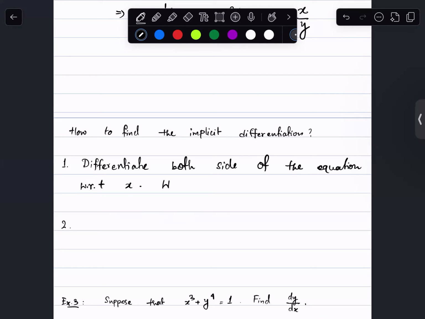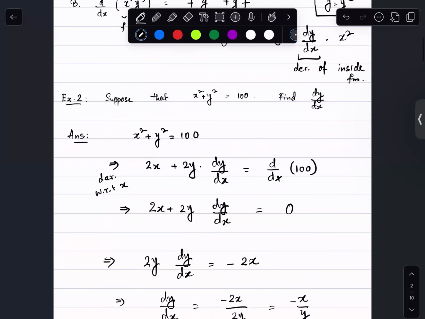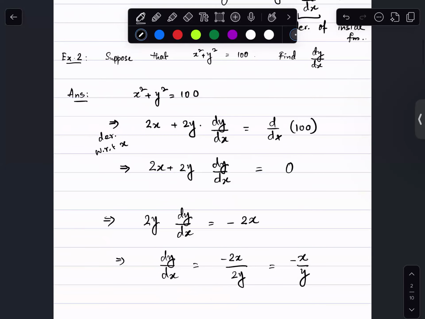And when you differentiate the y term, multiply by dy over dx. What do I mean by that? I mean that when you have y squared, you use the power rule to get 2y and then multiply by dy over dx.